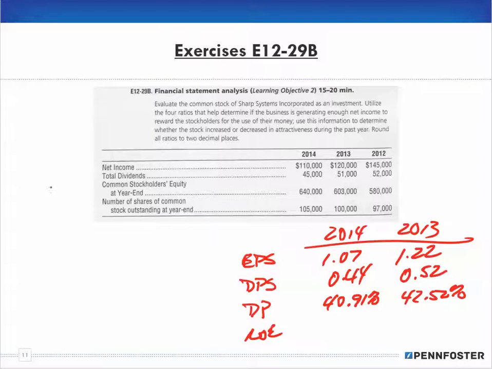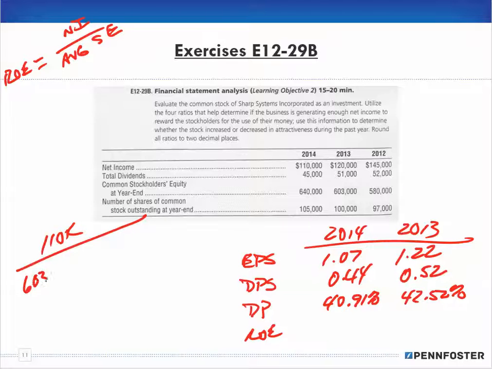Okay, and lastly is my return on equity. And my return on equity is my net income over my average stockholders' equity. All right, so my net income for 2014 is 110,000, and my average stockholders' equity is beginning at 603, plus the ending is 640, all over 2, because it's an average, we're dividing.